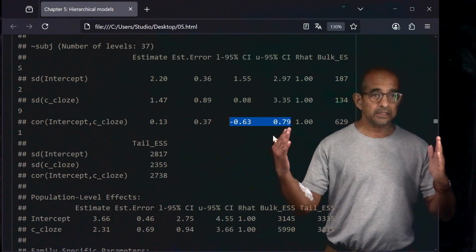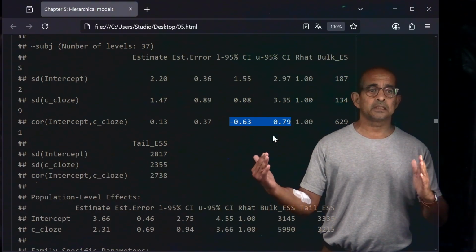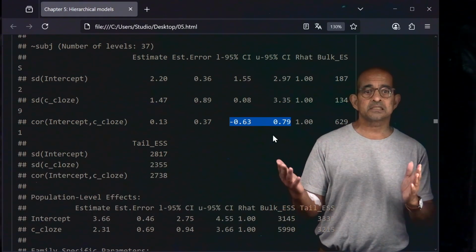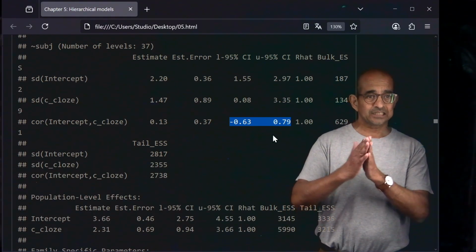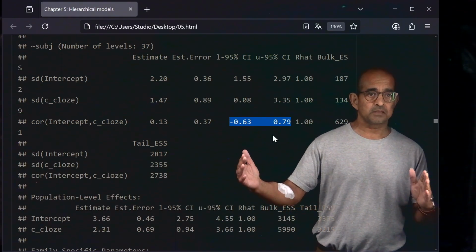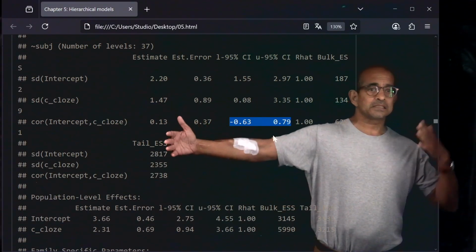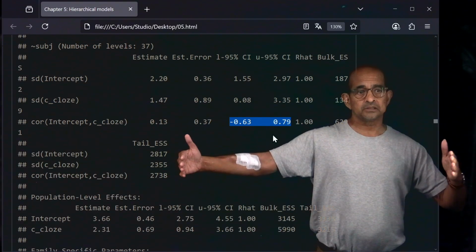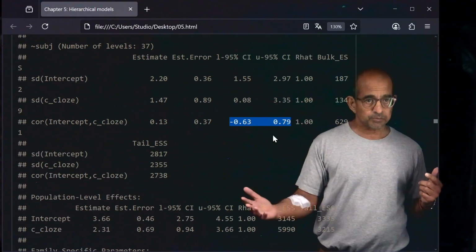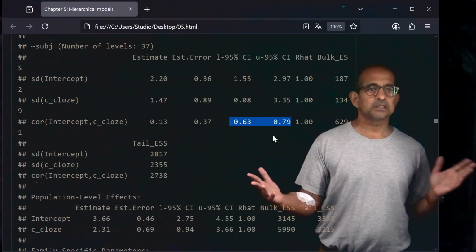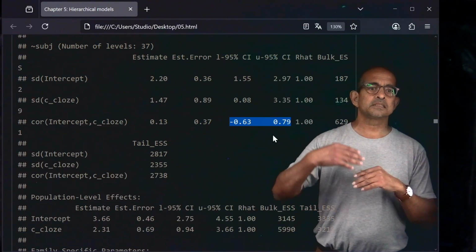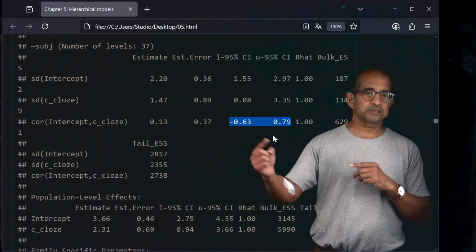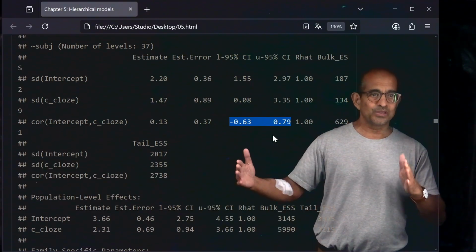That is a very broadly spread out posterior distribution on the correlation parameter for subjects. So what that's telling you is that there's a lot of uncertainty about that estimate. And because it spans both negative and positive values, the reason it spans such a broad range of values is because we have sparse data, relatively speaking, and as a consequence, this posterior, which is expressed here through this 95% credible interval, is being influenced by the prior.